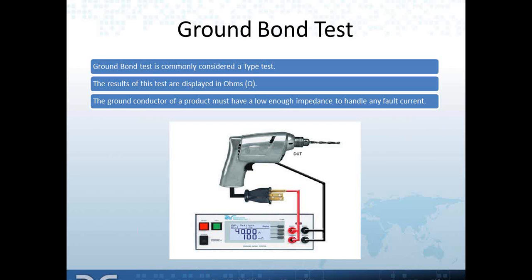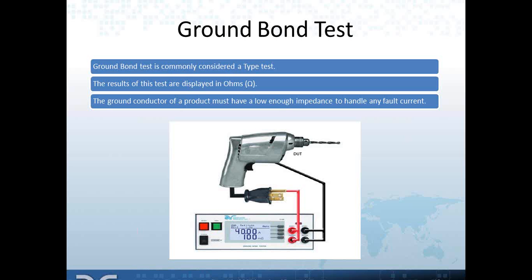So quickly going back to the ground continuity test, just a comparison between ground continuity and ground bond test. Well, ground continuity test verifies the existence of a ground connection. The ground bond test verifies the integrity of a ground connection.